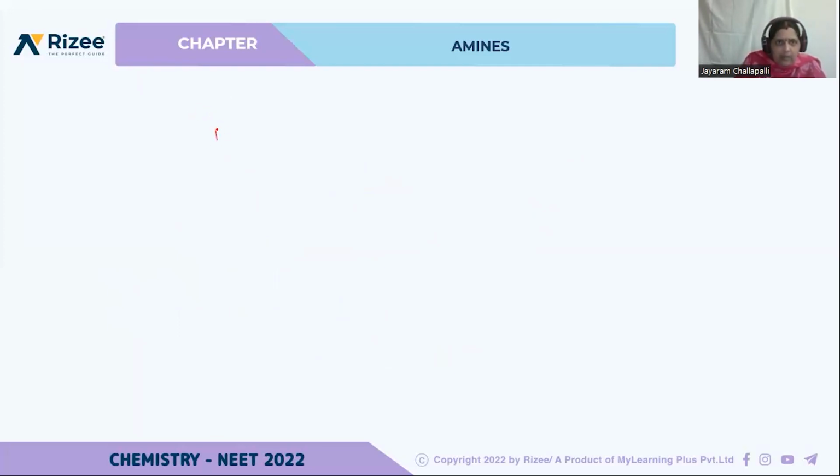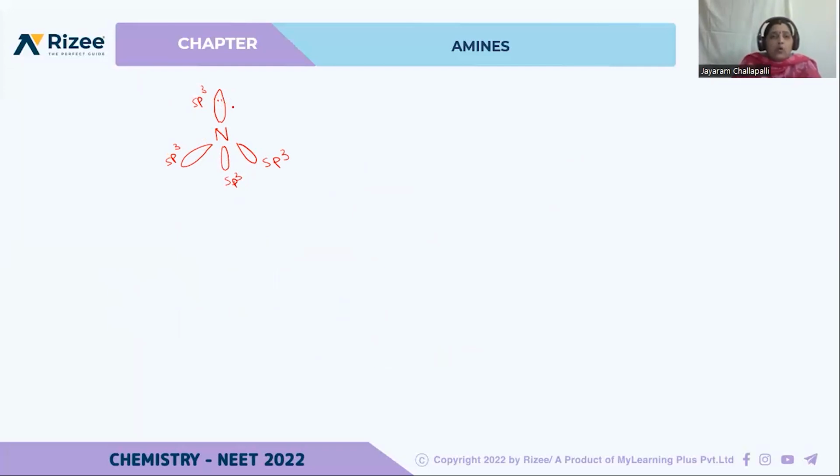Why? This nitrogen is obviously forming sp3 hybridization like this. This one is sp3, this is sp3, this is sp3, this is also sp3. But here a lone pair of electrons is there. 4 sp3 hybridized orbitals are there and 1 lone pair is there.